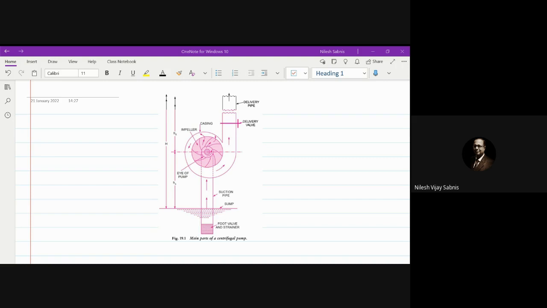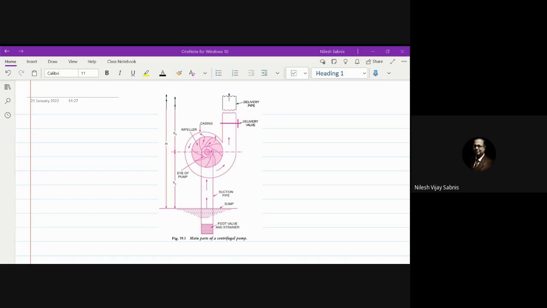For that, generally, I always take one example. If suppose we are having one bucket and that bucket is full of water. If suppose we start rotating that bucket with high speed or with high velocity, or we call it as high RPM, the bucket is full of water.